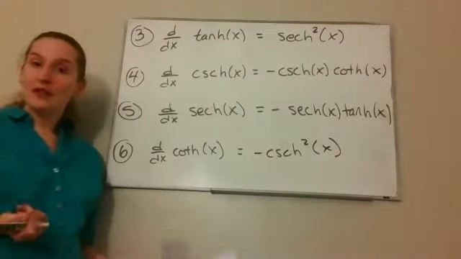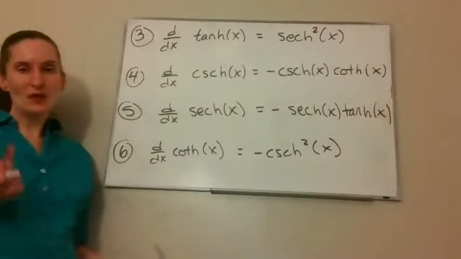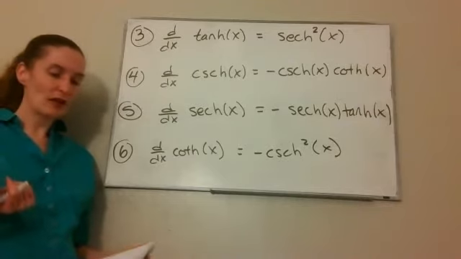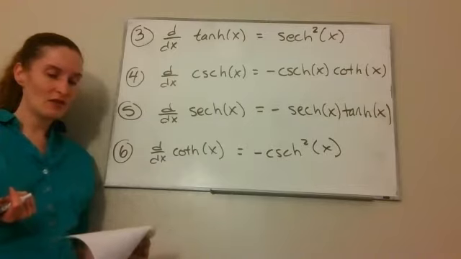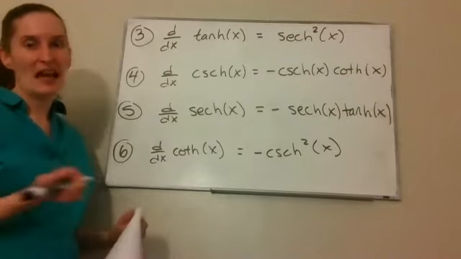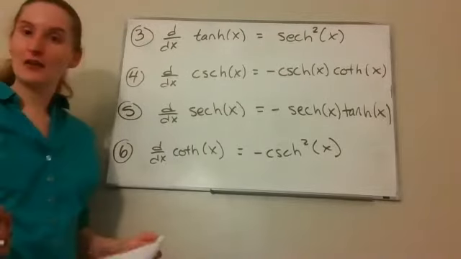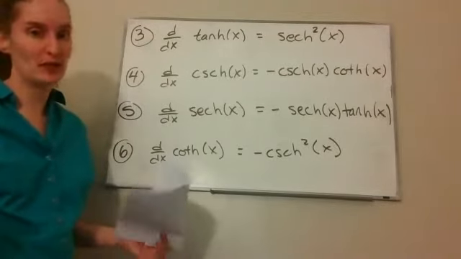So most of these are just like our trig derivatives. The only two that are a little bit funny are the derivative of hyperbolic cosine and the derivative of hyperbolic secant. They had the opposite sign of what we would have expected. But all of the others are what you probably would have predicted.